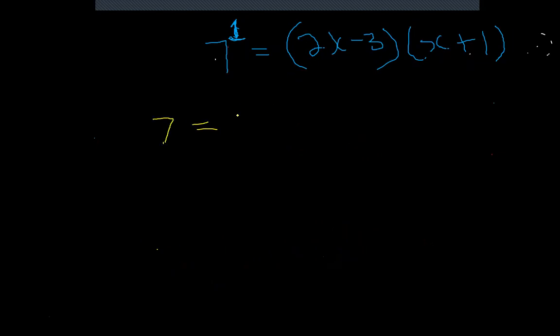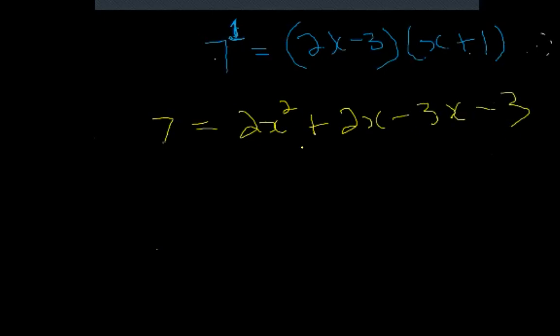If I expand these brackets, I will get 2x squared plus 2x minus 3x minus 3. If I simplify further, I can write this as 2x squared minus x minus 10. How did I get minus 10? I brought the 7 over, so minus 3 minus 7 is minus 10.